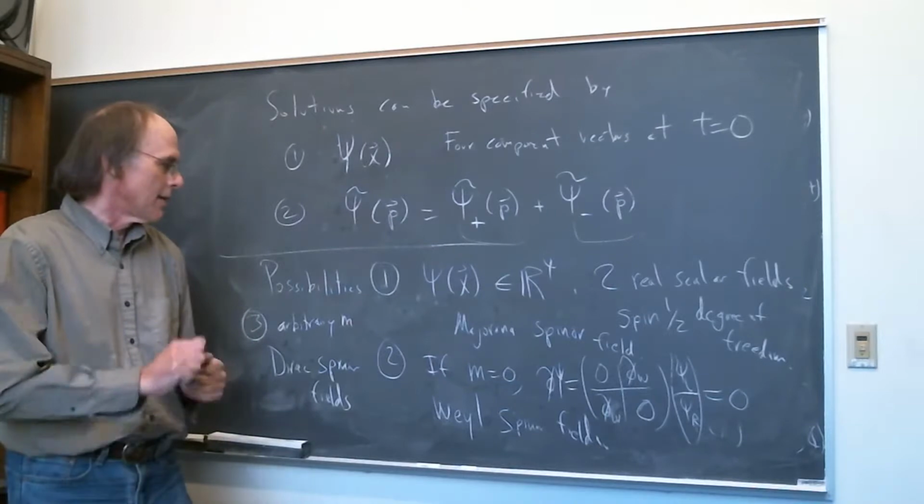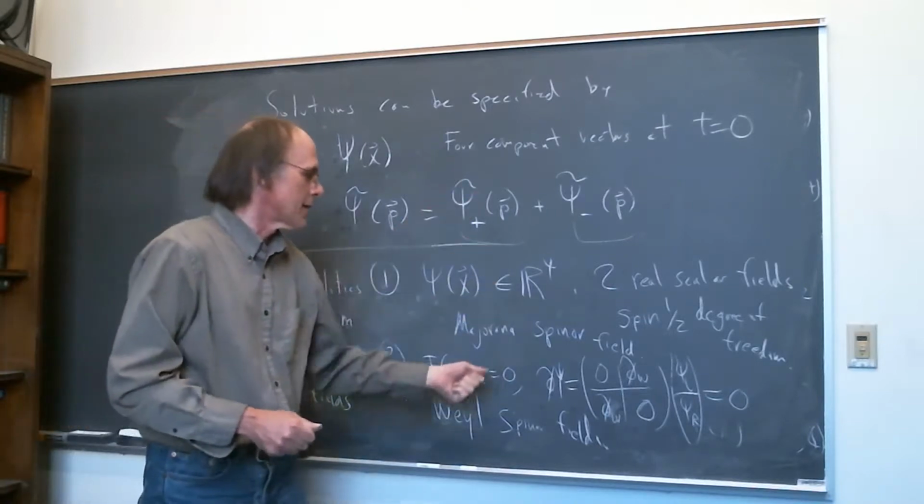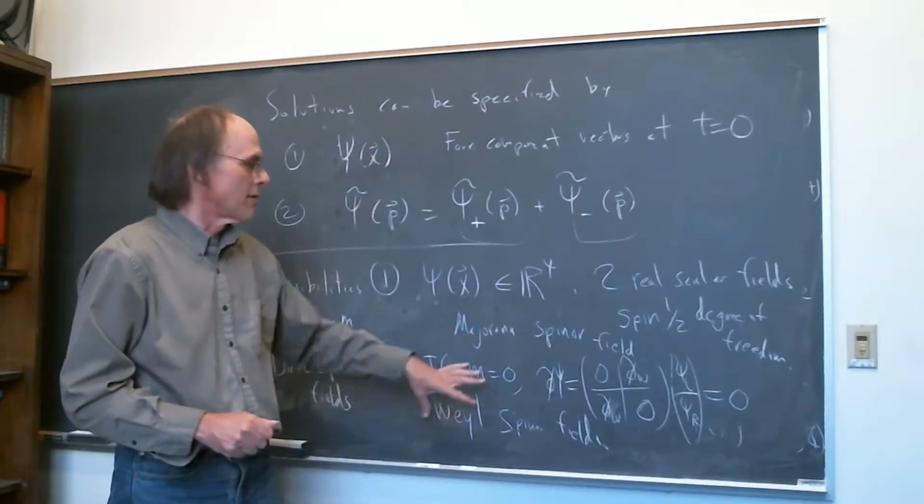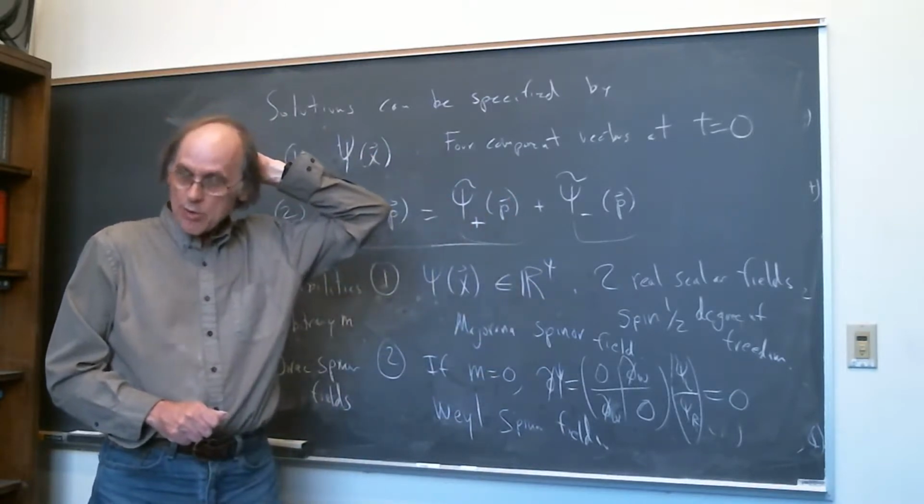But the technology you get into when you're doing this can get a little bit intricate. But I want to at least give you the overall shape of the structure of what you're doing.